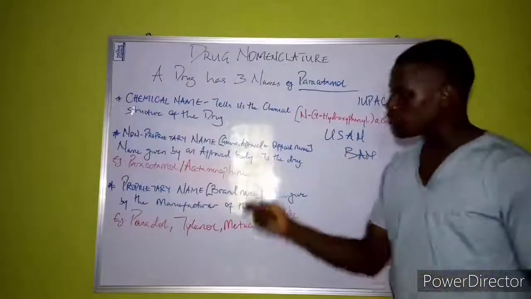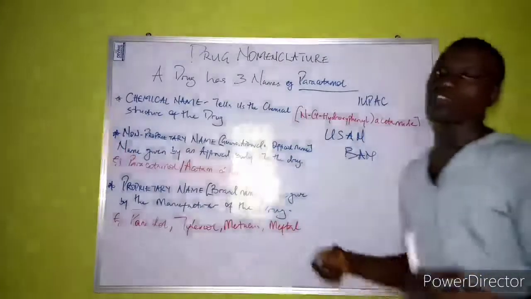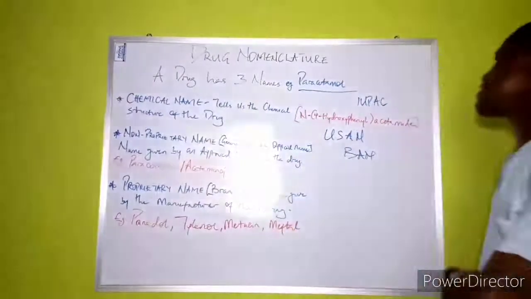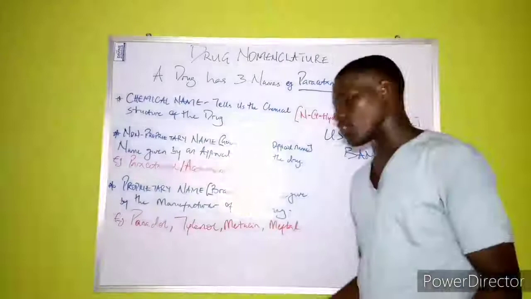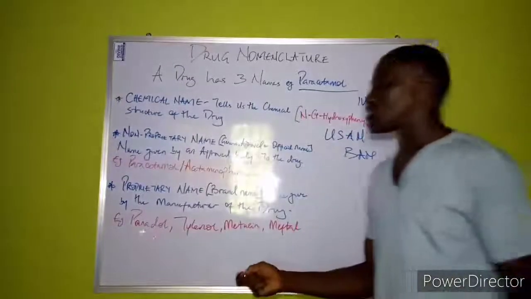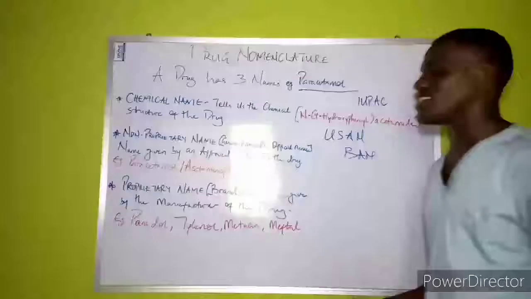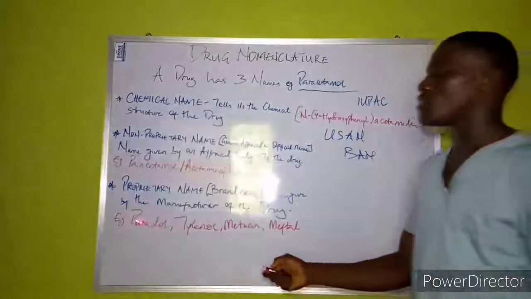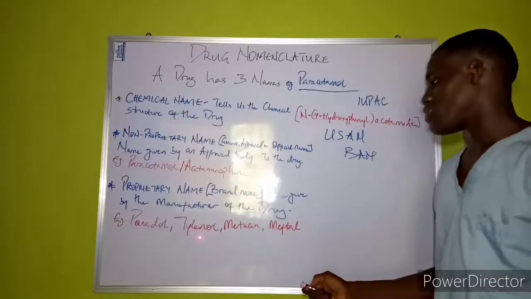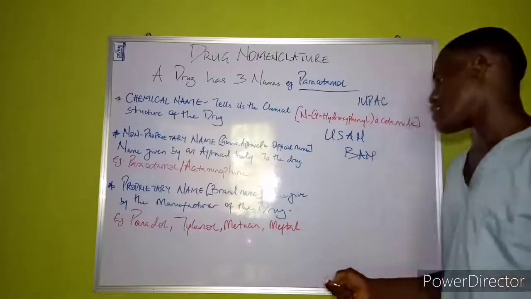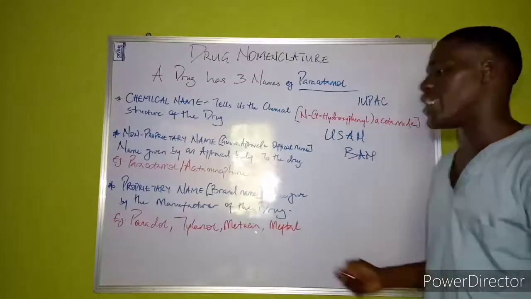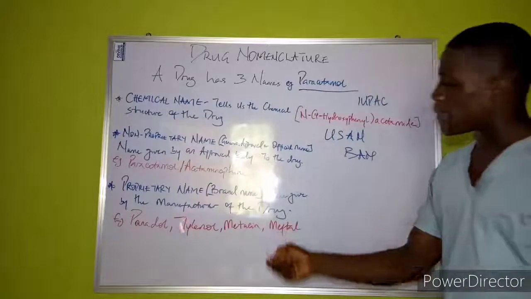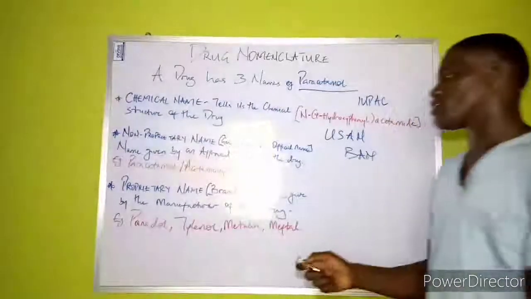And lastly, the proprietary name, also called the brand name, is the name given to the drug by the manufacturer. It can be of any example. For instance, we have Panadol, Tylenol, Metacin and Meftal. These are the names given by the manufacturer of the drug.